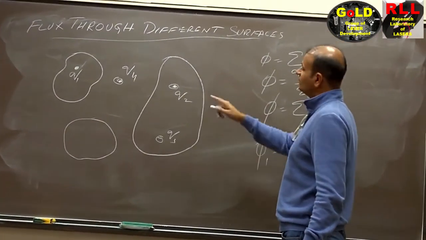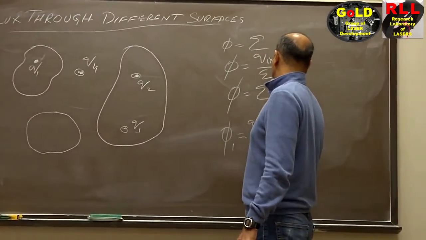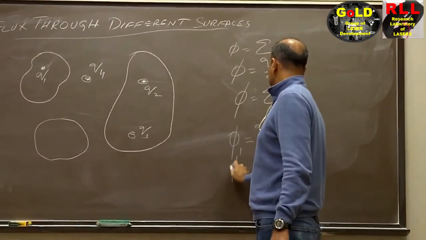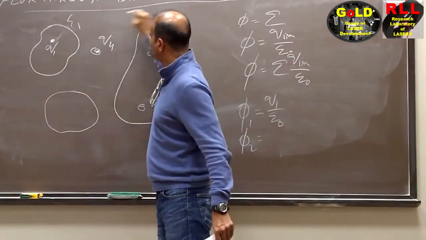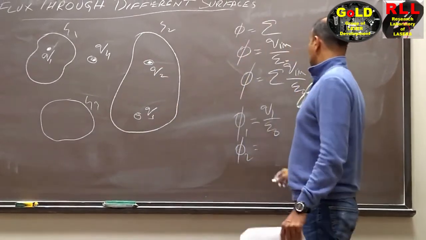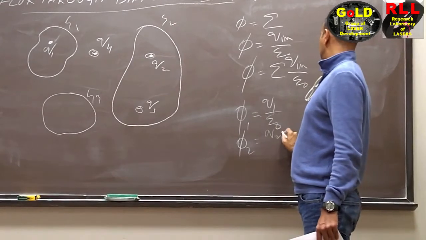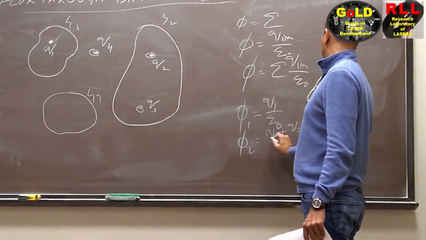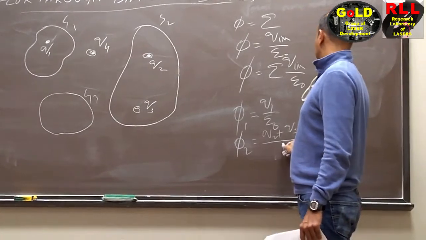Surface 1 is having Q1 over epsilon naught. Surface 2 is having Q2 plus Q3 over epsilon naught.